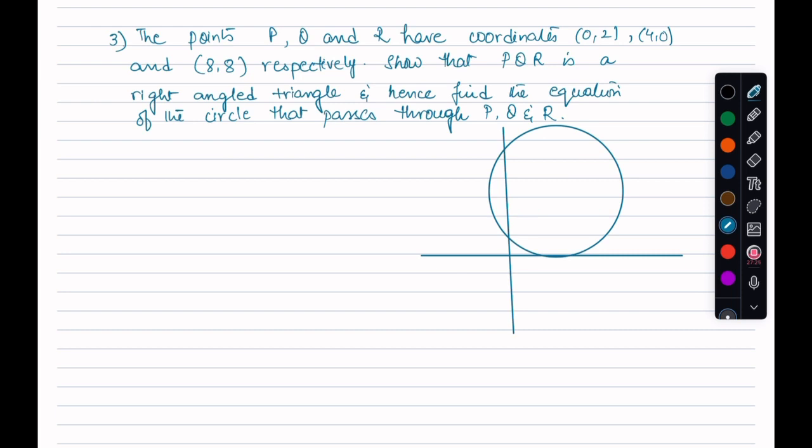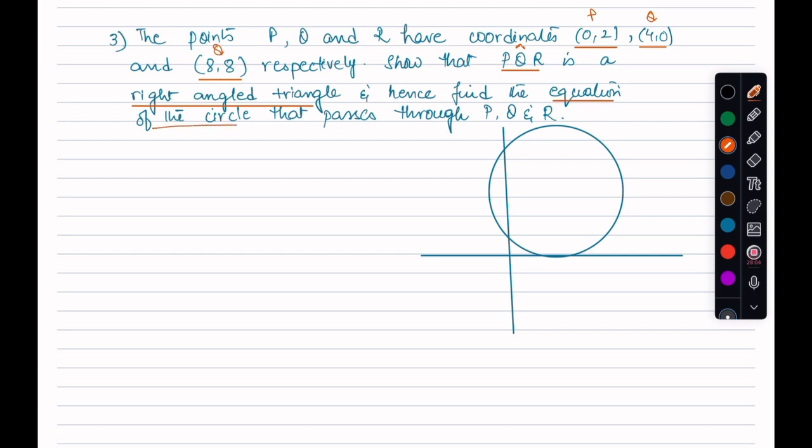So the points P, Q and R have coordinates (0, 2), let's call this point P. Q is (4, 0), lying on the x-axis, and we have another point (8, 8), which is R. So show that PQR is a right angled triangle, meaning at Q it should be right angled, and hence find the equation of the circle.